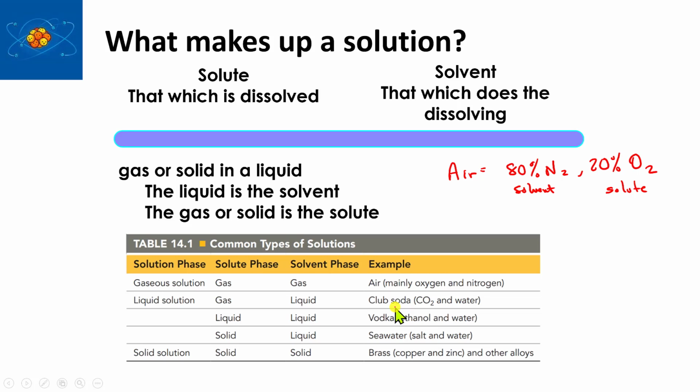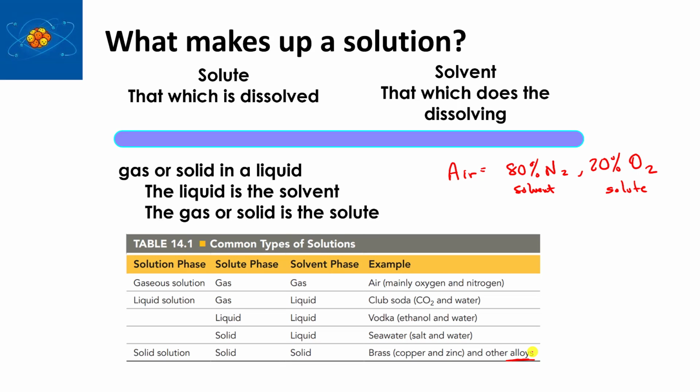For example, a soda has carbon dioxide dissolved in the water, and that's why the bubbles appear to come out of the water. It's really the CO2 sort of precipitating out as a gas, as it were. And then there are solid solutions as well. Alloys are really homogeneous mixtures of two metals or two elements, and so an alloy is a type of solution.